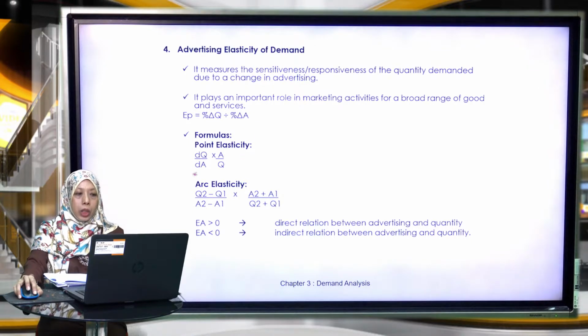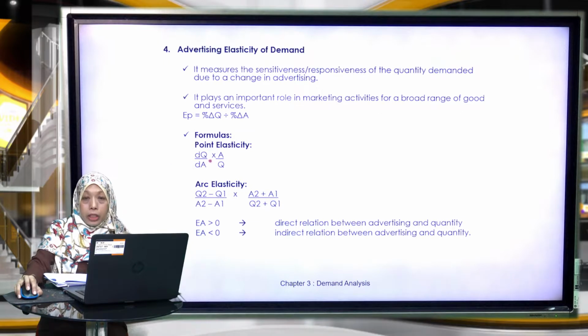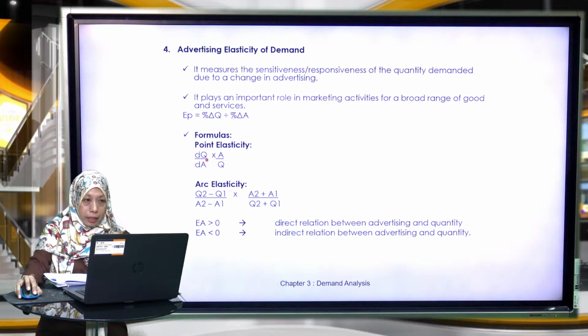Again, there are two formulas: the point elasticity formula and the arc elasticity formula. We're going to concentrate on the point elasticity formula here. As you can see, you are required to differentiate your demand function with respect to A, or advertising, multiply by the value of advertising, and then divide it by your Q value.